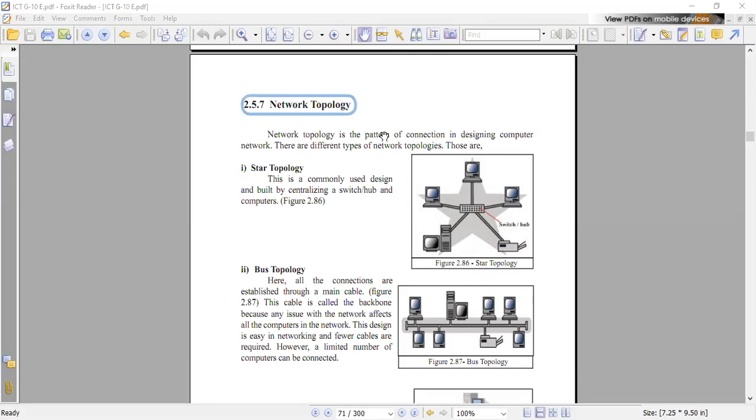Then write down the subtopic network topology. Actually, when we take the topology, it's like this. In topology, we have the way you are connecting the computers, right? Now suppose it's a local area network.